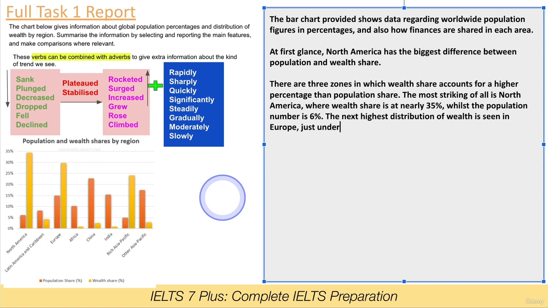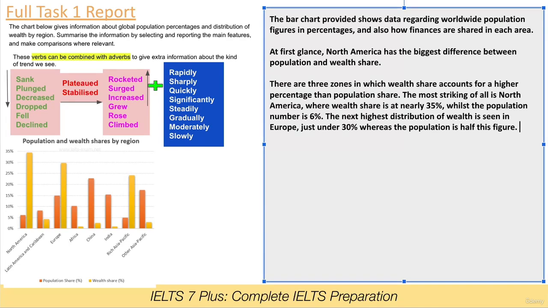Just under 30%, whilst the population is 15%, so we can say maybe just under 30%, whereas the population is half this figure.